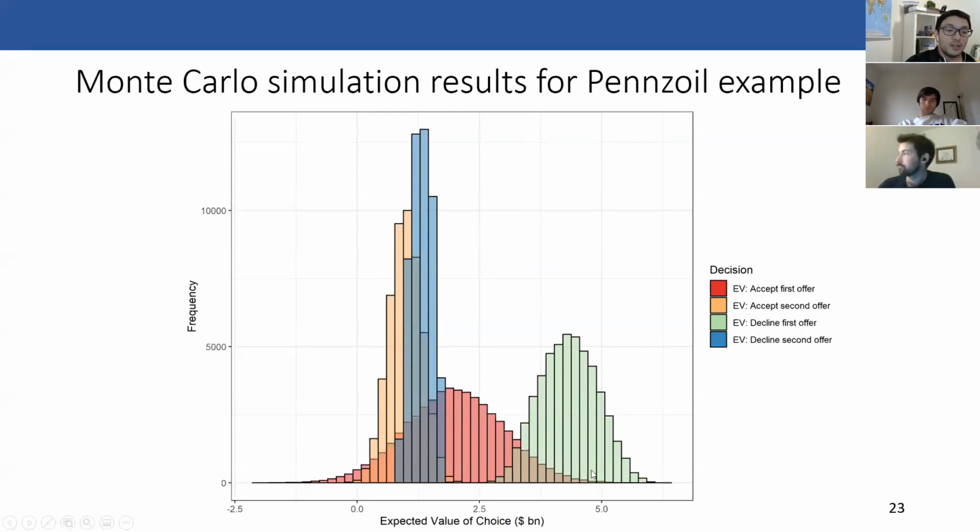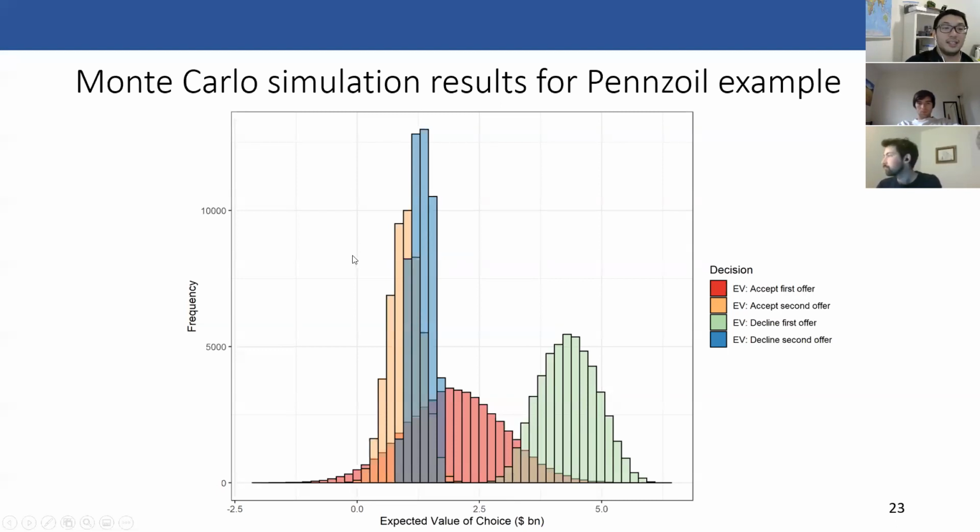But even if you were to think about that, you could say that it's only in, say, the bottom 10th percentile of the green and the top 15th percentile or something of the red where you would actually change that decision. And so you might say, I'm fairly confident that 80% of the time, 85% of the time, we really should be declining the first offer versus accepting it.